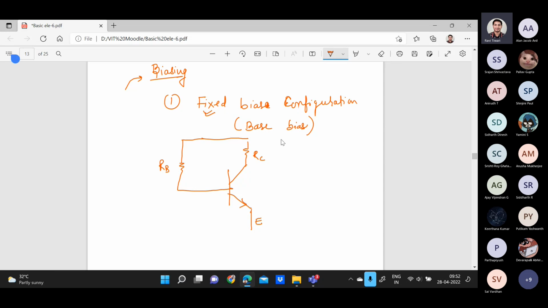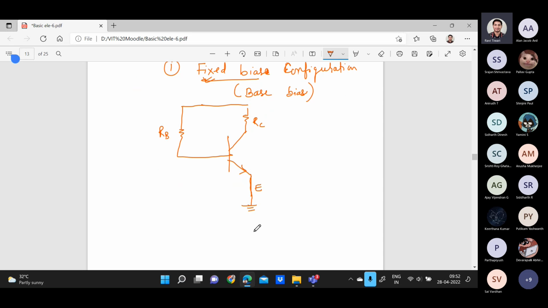In fixed bias there is no resistance in the emitter part. The current IC will flow here, and I am providing VCC, the input voltage in the circuit. In RB the IB current is flowing, and IE current is flowing like this.